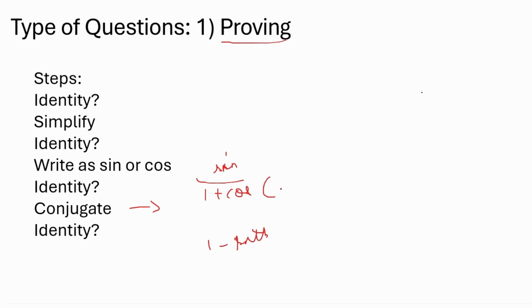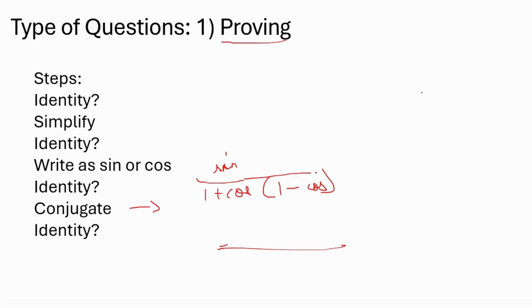Conjugate means you're multiplying it by 1 minus the same thing, because remember, difference of squares. So the bottom becomes a difference of squares.